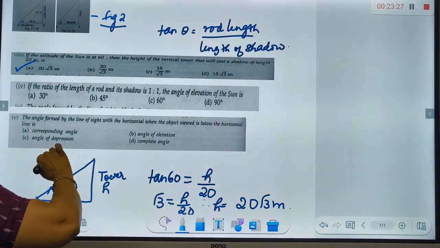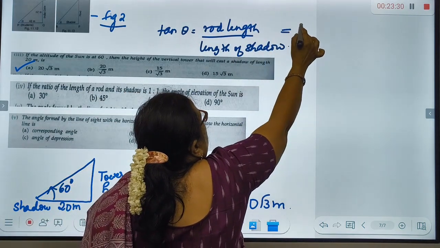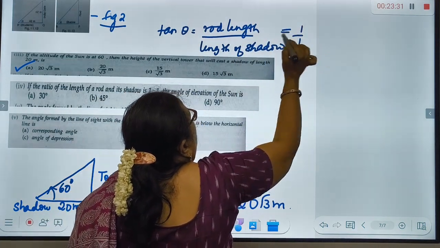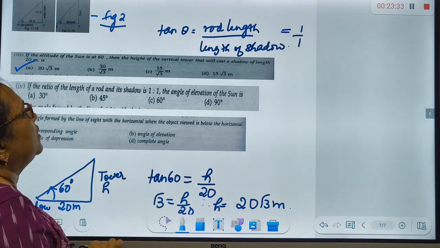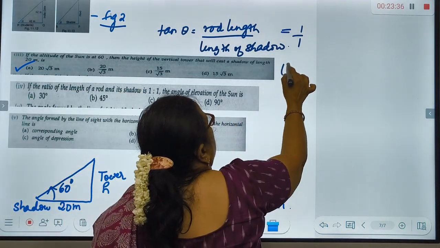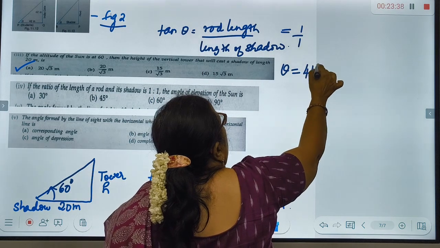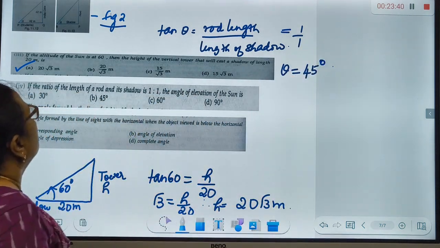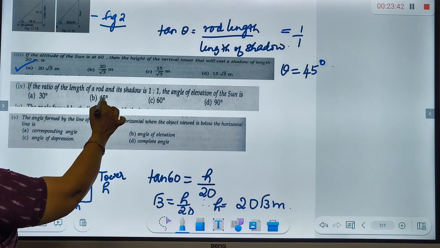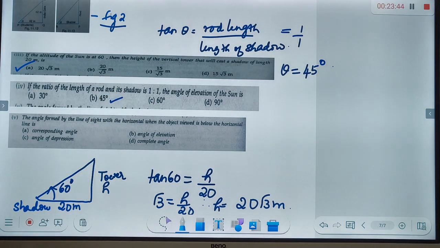It is given as 1:1, which is 1 by 1. That means theta has to be 45 degrees. So the angle of elevation of the sun is 45 degrees.